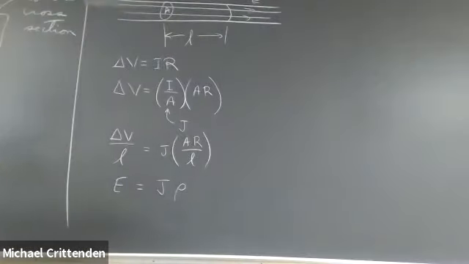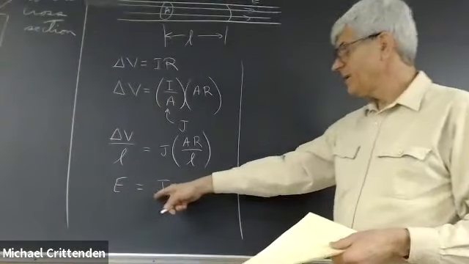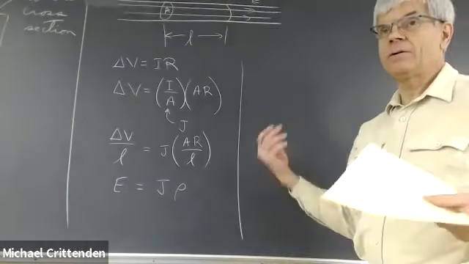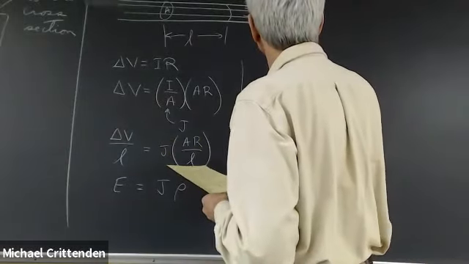As for the thing in parentheses, AR over L, I just got done saying that's the resistivity of that wire. And the electric field and the current density will always have the same direction, so I can stick some arrows over the top.